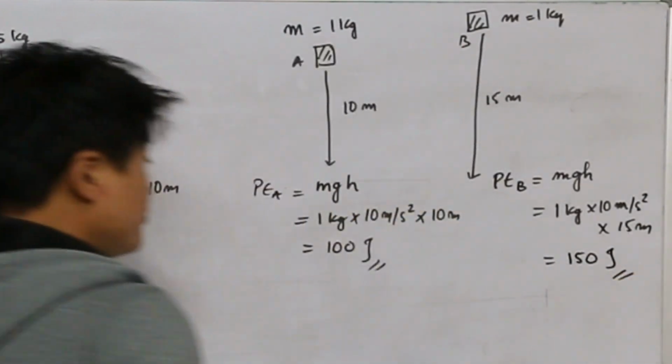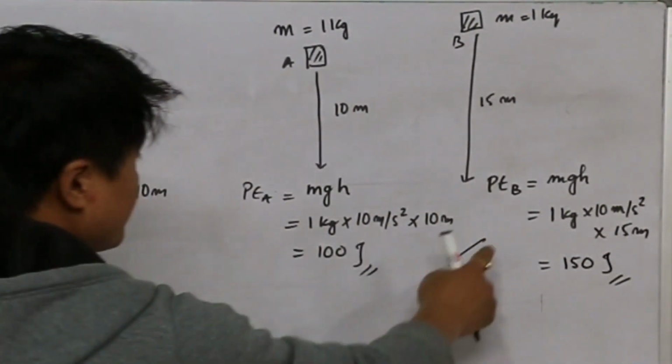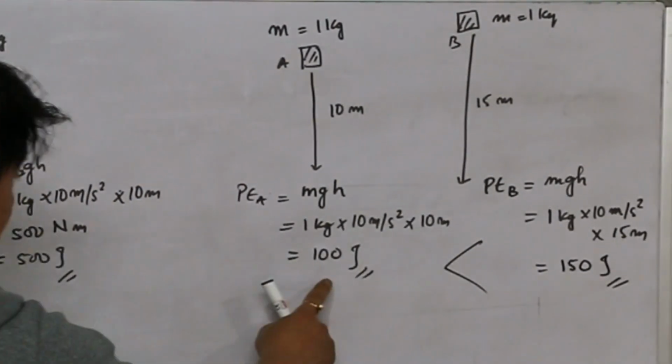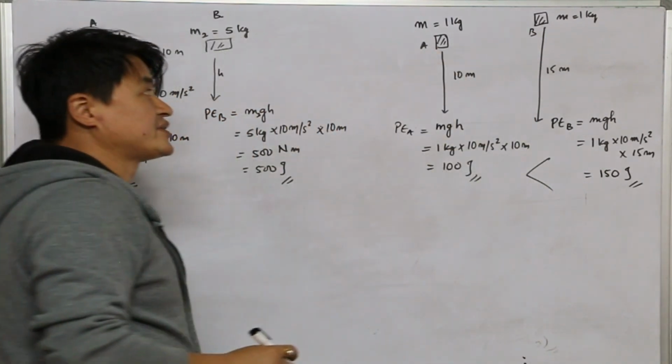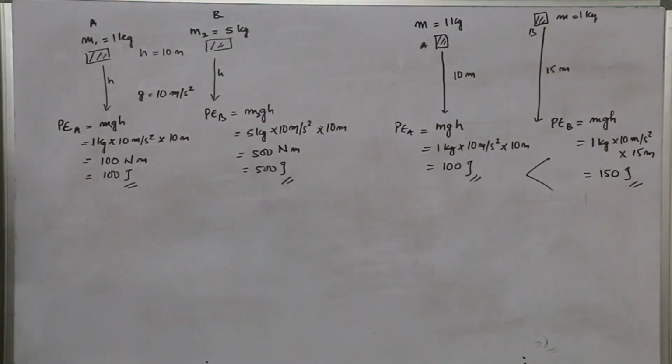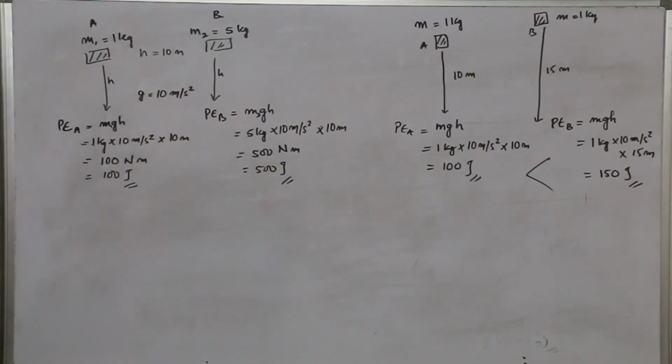So from here we can say that the potential energy of B is more than the potential energy of A. The height of B is more than the height of object A. The more the height, the more the potential energy. Similarly, the more the mass, the more the potential energy.